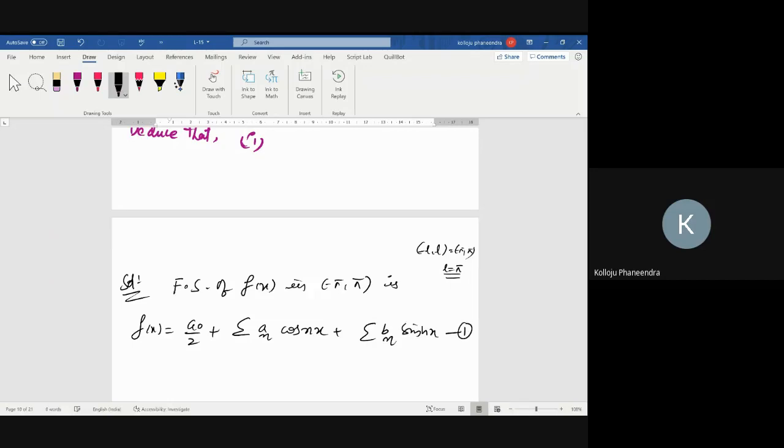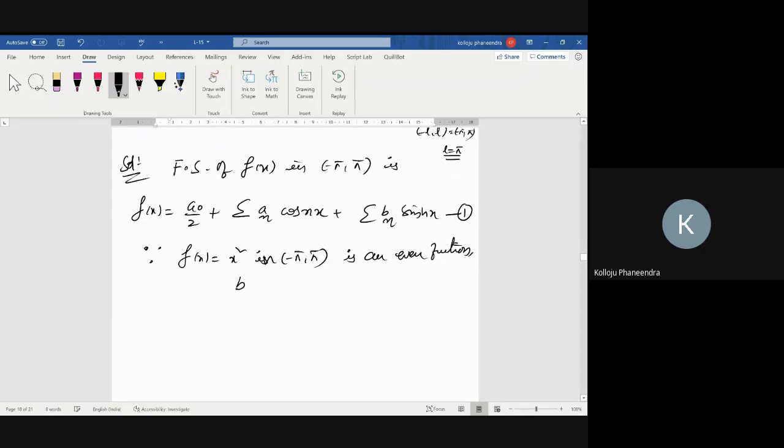This is equation 1. Since f of x equal to x square in minus pi to pi is an even function, what do we have for an even function? bn equal to 0. This is one confirmation.